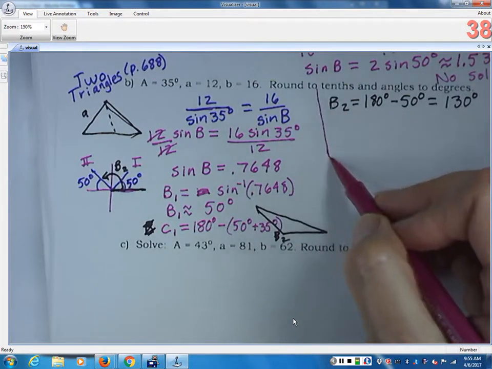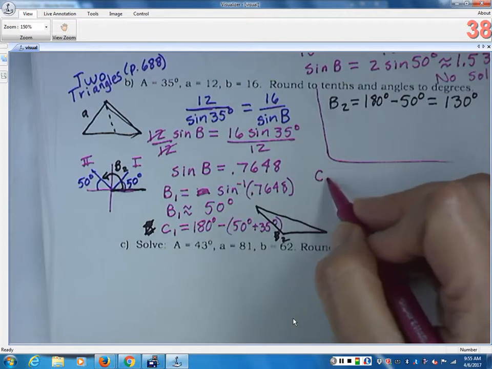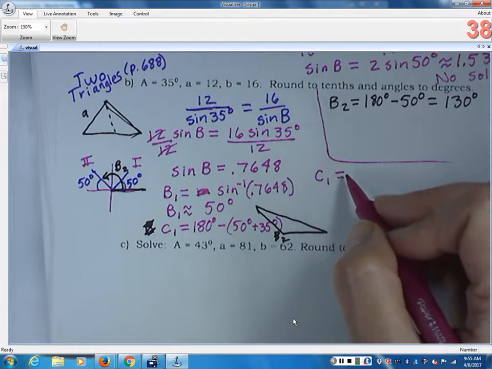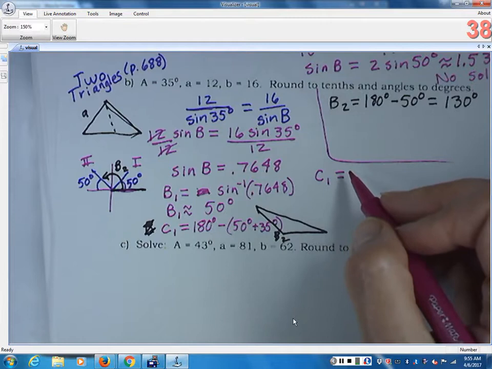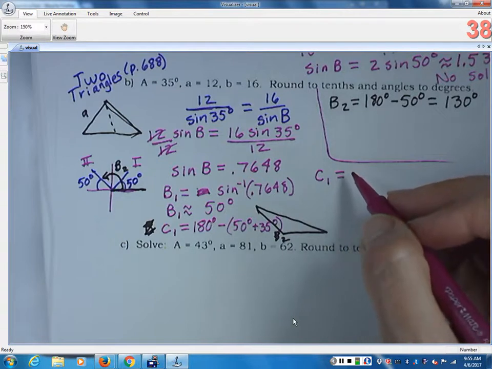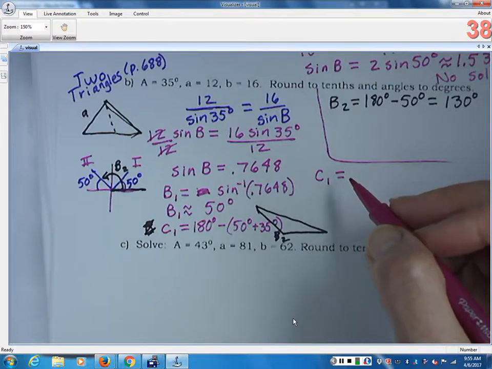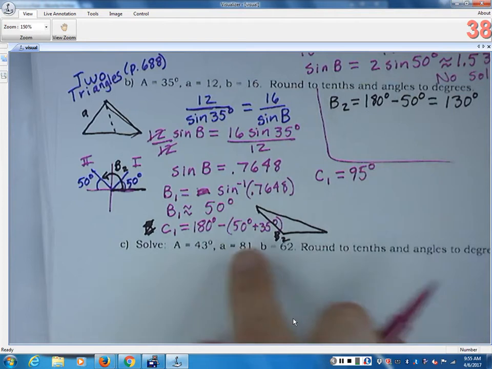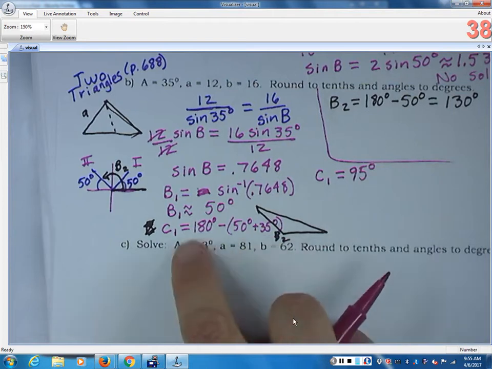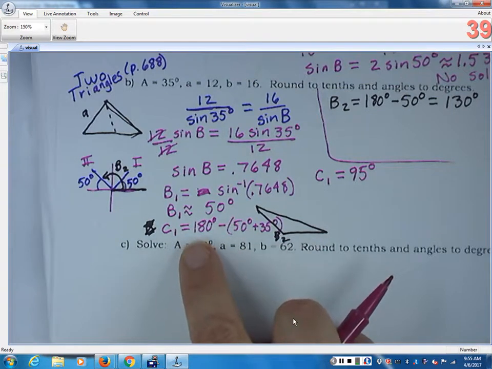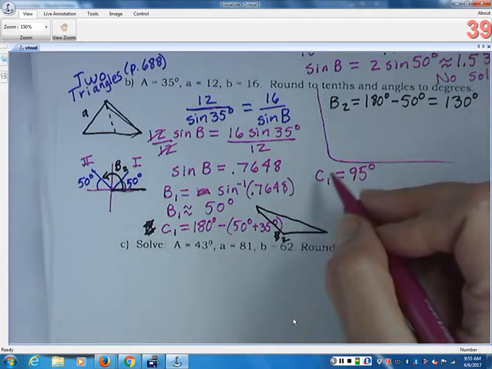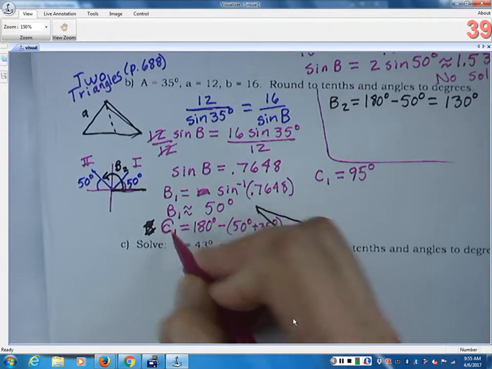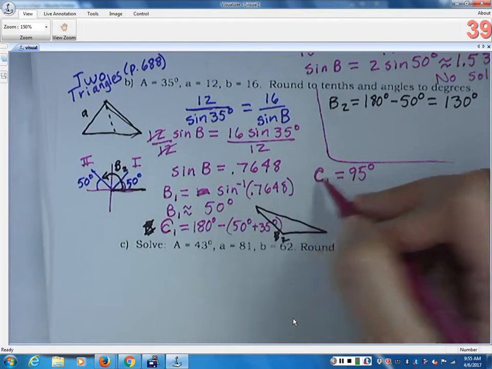Oh, capital C1 is 95 degrees. 50 plus 35 is 85, and then 95. Now, it's important, this is capital C. The C's are kind of hard to tell if these are capital.